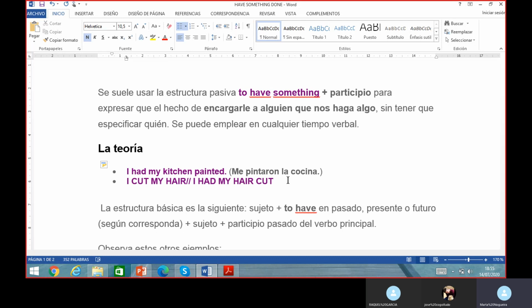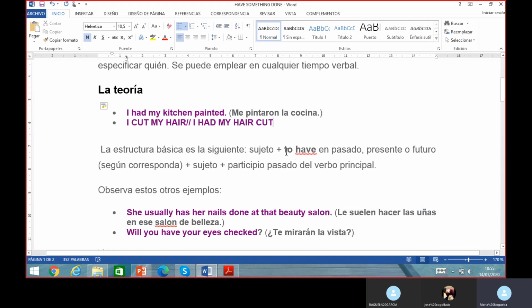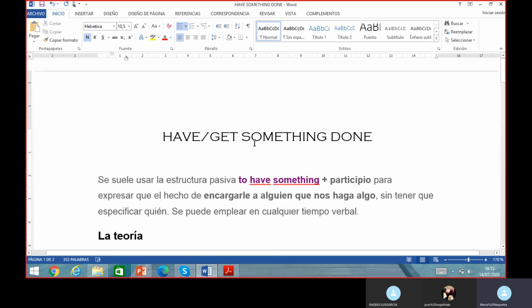Okay, so this is very important. I had my kitchen painted. With this structure, I am able to know that I wasn't the one painting the kitchen. So the structure, I repeat, is to have or to get, this is invariable, okay? Get is more informal, but it doesn't matter.